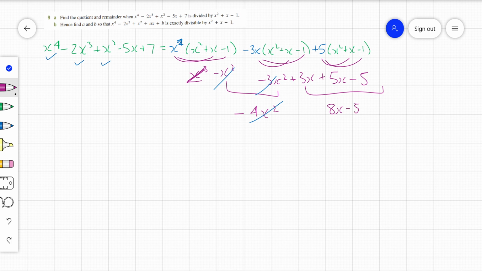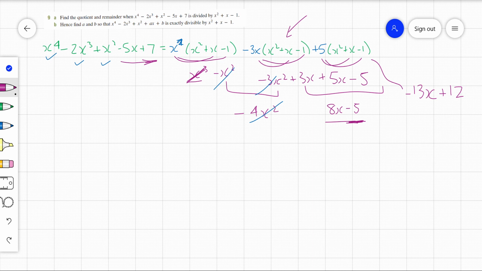Have a look at what we're dividing by. It's a quadratic, so I know that the remainder is a linear at most, so it's not going to fit in, so I'm going to go down here. For my remainder, remember, I want a negative 5x, and at the moment I've got an 8x, so I'm going to have to minus 13x to balance that up. And I want this positive 7. At the moment I've got a minus 5, so I'm going to have to add 12 to balance that as well.